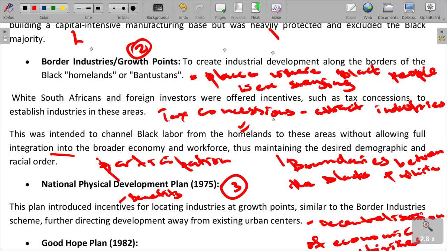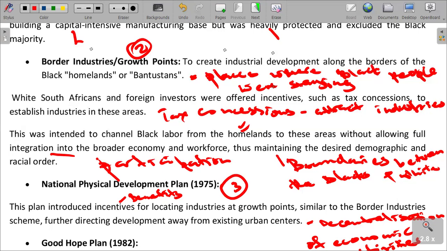That is what we mean by maintaining the desired demographic and racial order: the classes of people according to their various population characteristics were kept in place during this strategy.